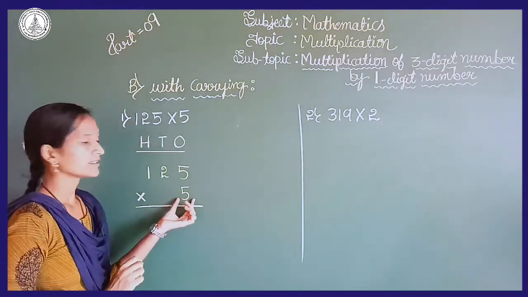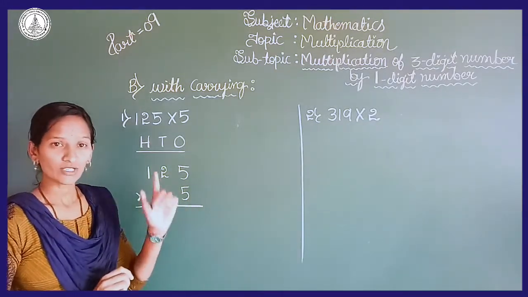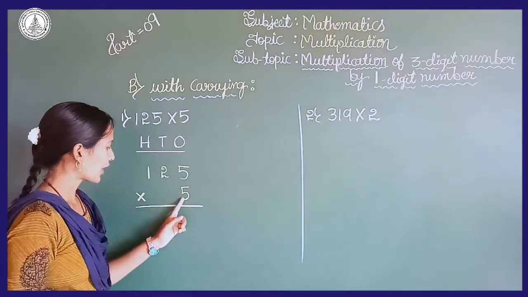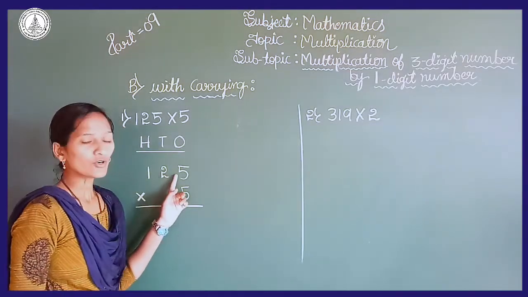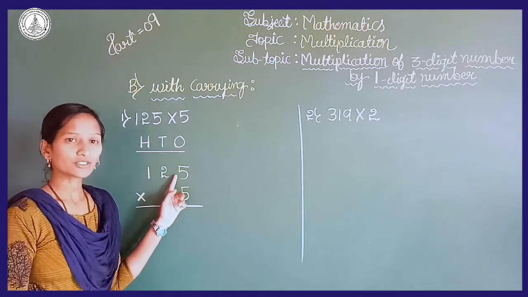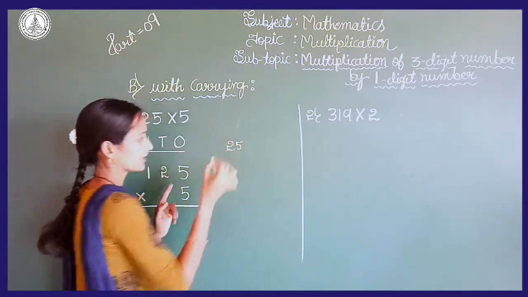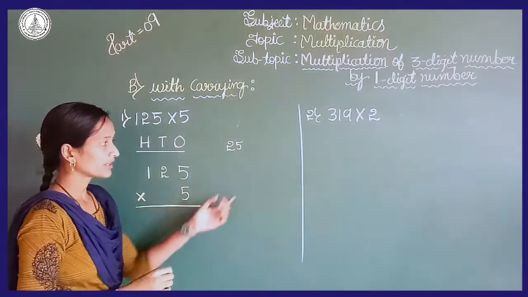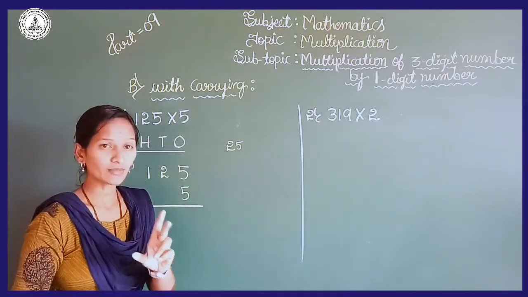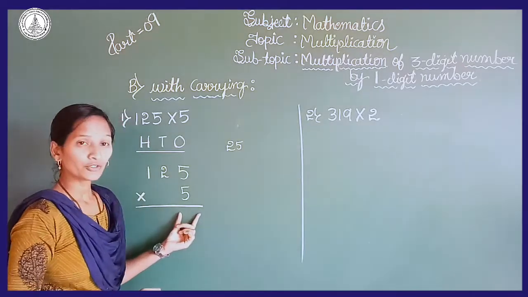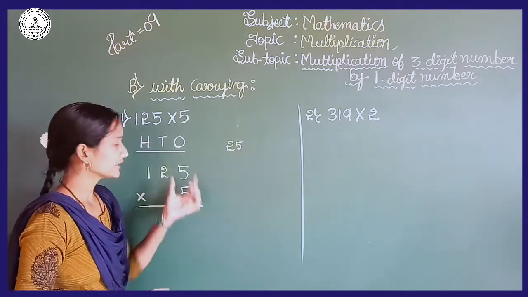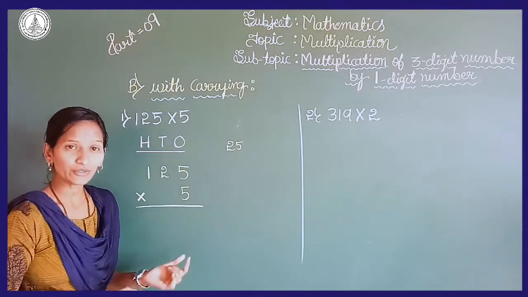So which is our first step? So multiply the numbers in the ones column. So that is 5 into 5. So 5 fives are equal to what? Yes, 5 fives are 25, right? But this 25 is a 2-digit number. So here you never write a 2-digit number in the ones column. So what can we do?